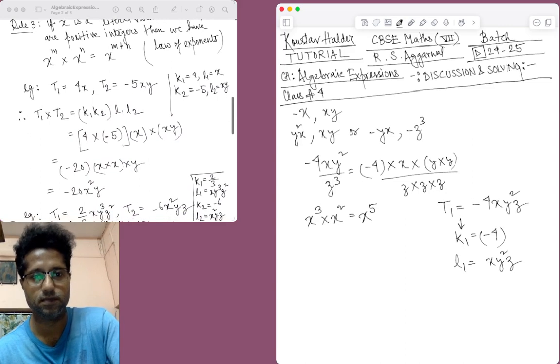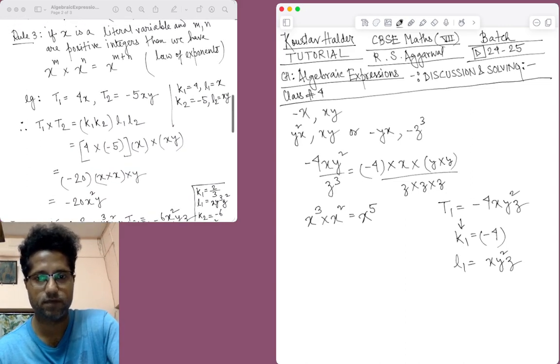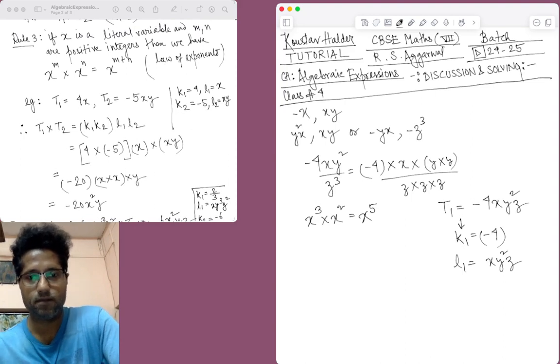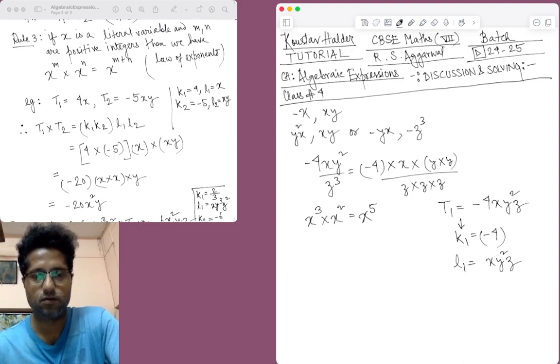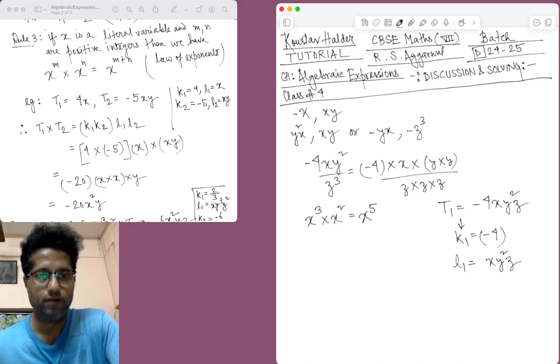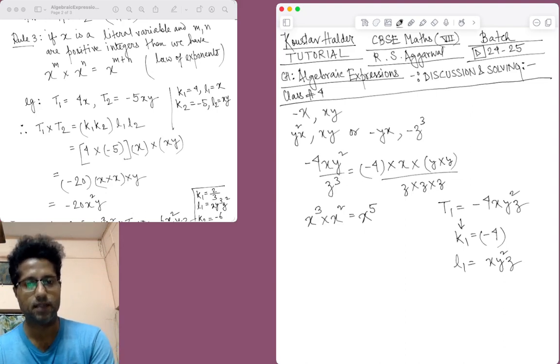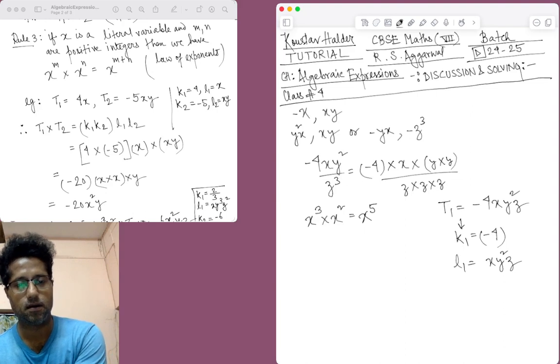In the notes you can see T1 is 4x and T2 is minus 5xy. For T1, the coefficient is 4 and the literal coefficient is x. For T2, the coefficient is minus 5 and the literal coefficient is xy. So when we do the product of T1 and T2, we first find the coefficient, K1 into K2, which is 4 multiplied by minus 5, and then we multiply the literal coefficients, L1 into L2.